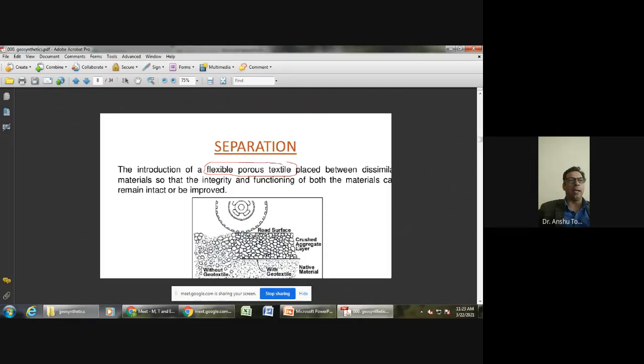This is a crushed aggregate layer and this is a native material, so they have got their own different purposes. But if we are not going to separate them by any separation layer, they are going to mix with each other and their own individual purpose or functioning based on their own mechanics is going to be lost.